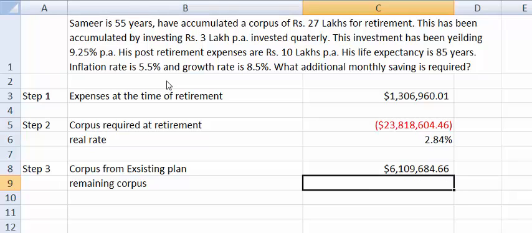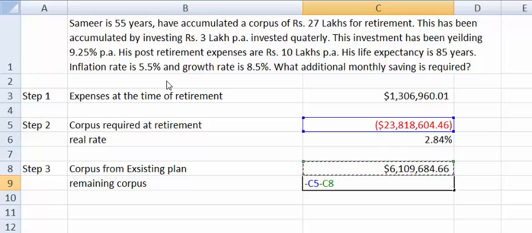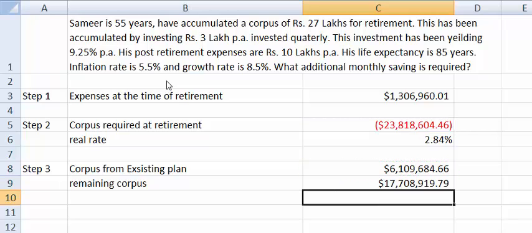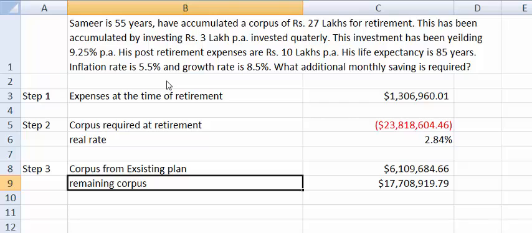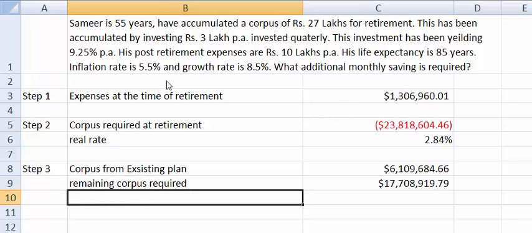Right now I want to make it positive, so I'll put negative of this value minus what I already have. So negative of what is required minus what I already have. So this is the additional corpus required. Let me call it remaining corpus required, and hence additional investment required, which is what will give us our answer.